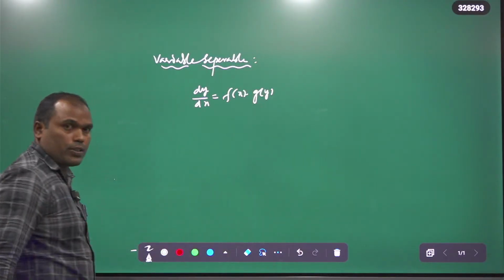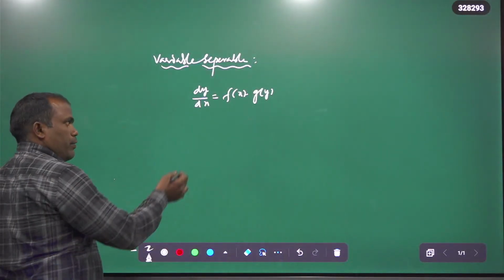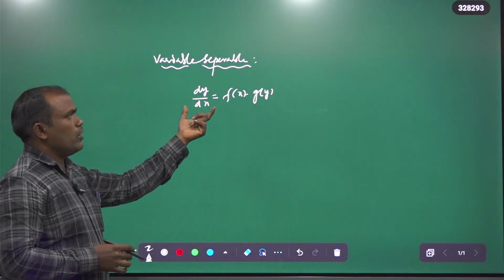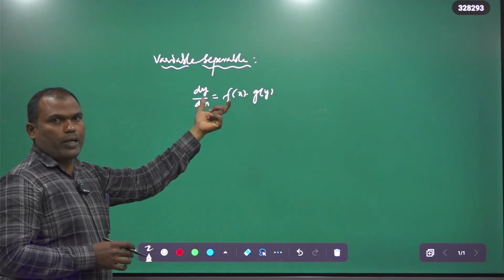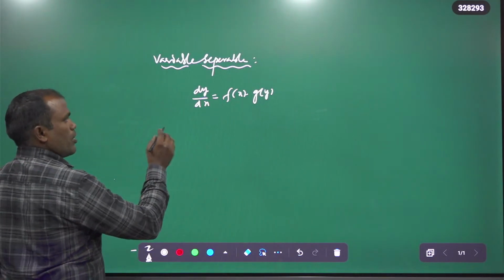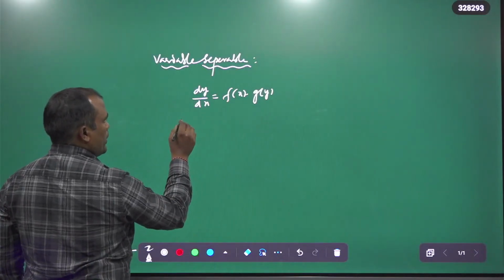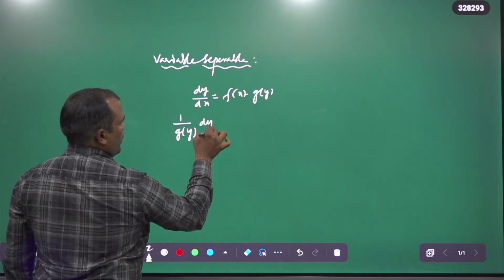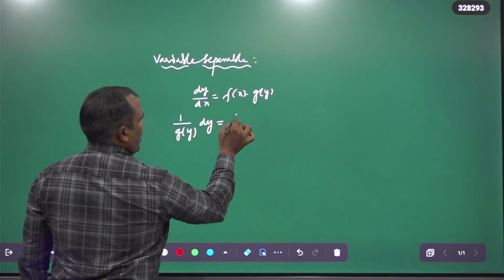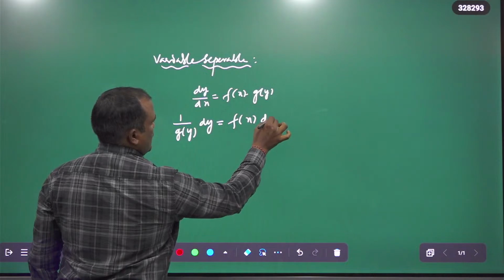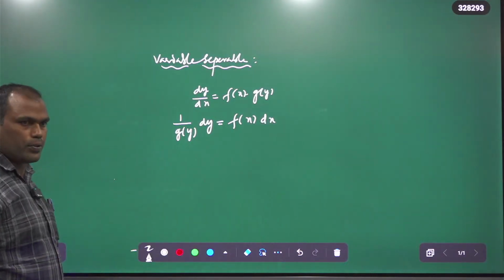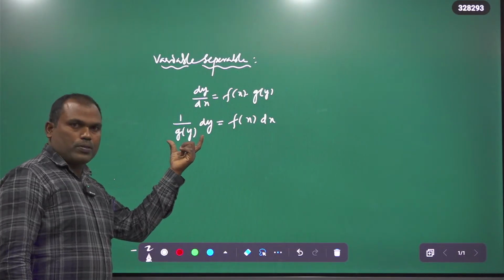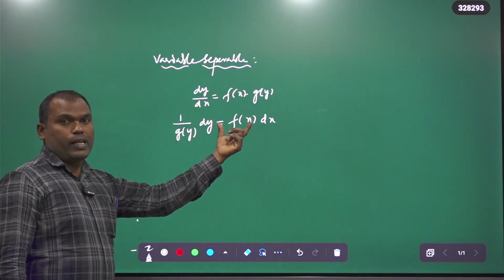Variable separable means simply sending all x terms and all y terms to the LHS or RHS depending on the question. Now I am writing 1 by g of y into dy equal to f of x into dx. In this the LHS has only y terms and the RHS has only x terms.